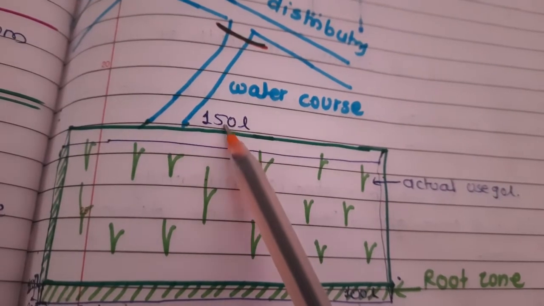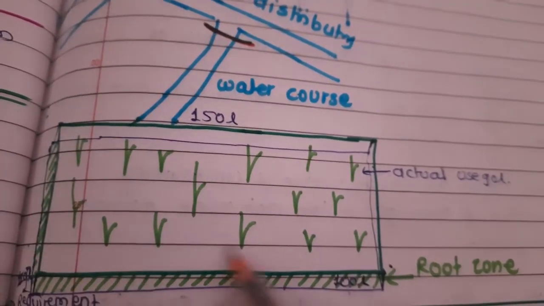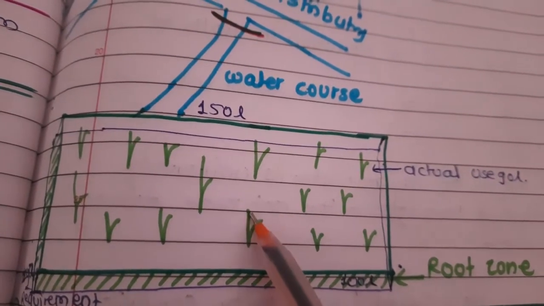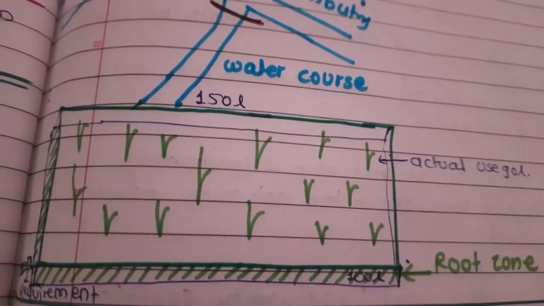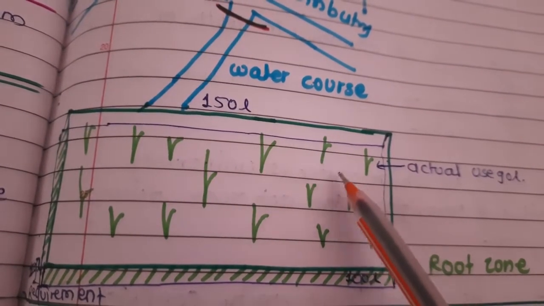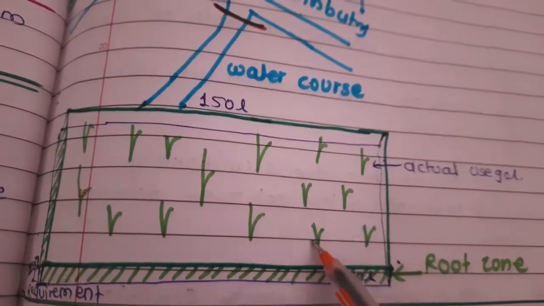Now this 150 liters of water is going to the root zone, but can we say all of these 150 liters of water is going to the root zone?